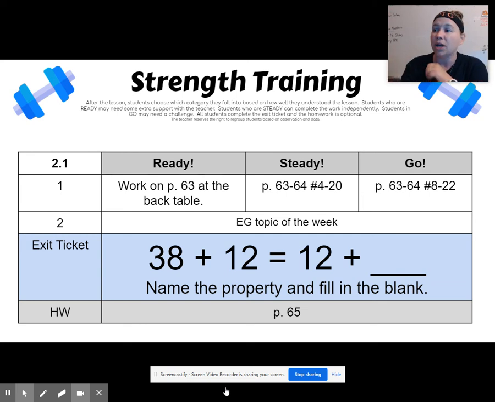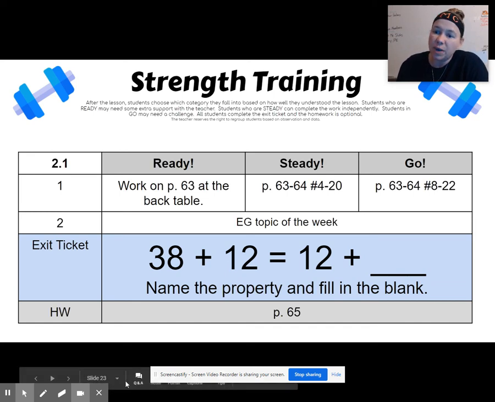You still have to do it in your math book. And the Go group, your assignment is also these page numbers, and that's posted in Schoology. Remember that at 5 minutes left of math, 1:55, you go back into Schoology and do your exit ticket. If you finish early, you can do Education Galaxy, Sumdog, or the Math Challenge on our Schoology page. Join me if you need some help or you just want to hang.